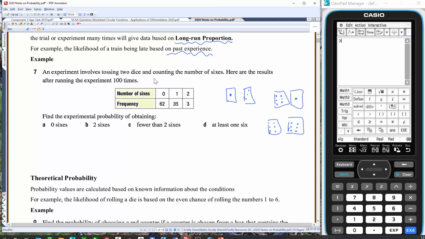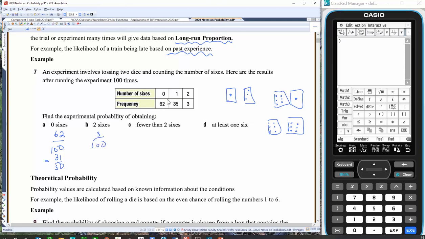They did it 100 times rolling dice, and what they did was note that when no 6 came up, they just added 1 to the frequency. So 0 sixes happened 62 times out of the 100 times the experiment was run, which is 31 out of 50. 2 sixes, that's this one here, happened 3 times out of the 100 times.